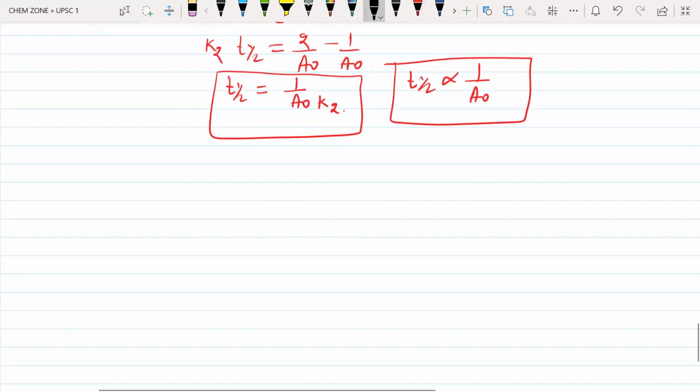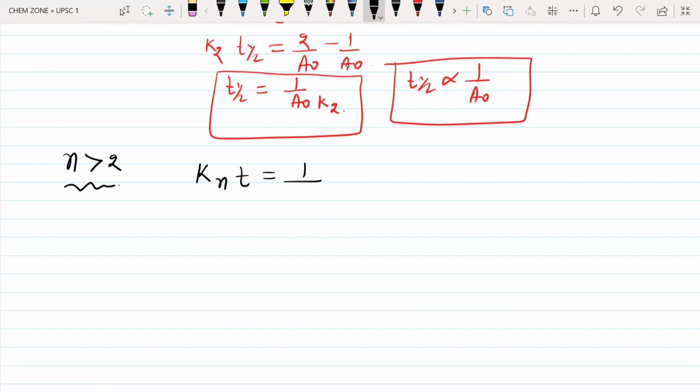Okay, so we are done with the zero order reaction, first order reaction, and second order reaction. Now, what if the order of reaction is greater than 2? In such case, I'm writing the direct formula which you can apply.